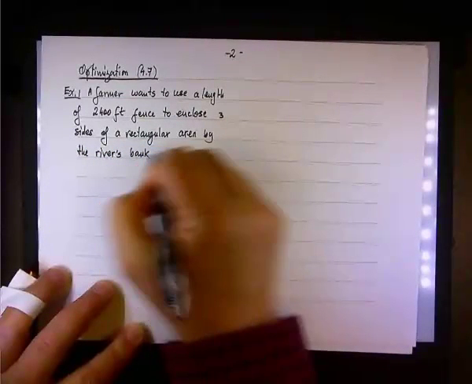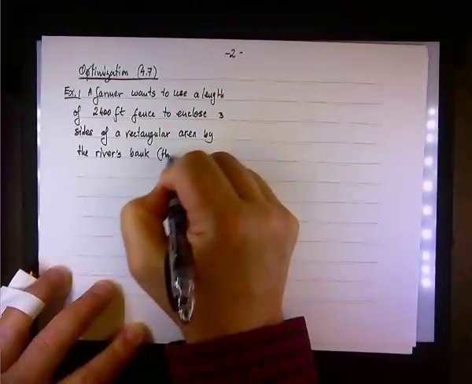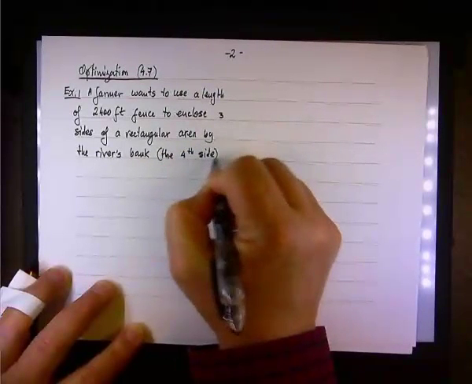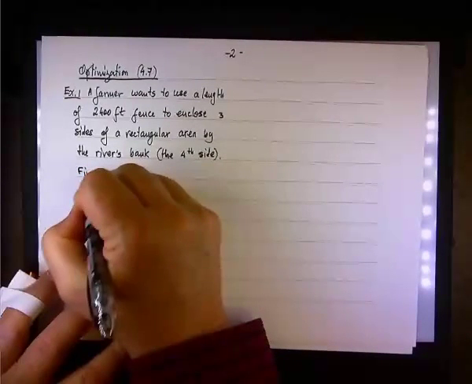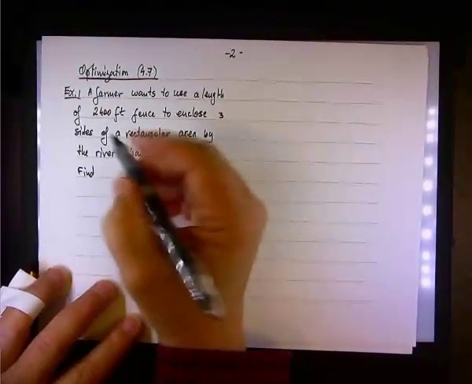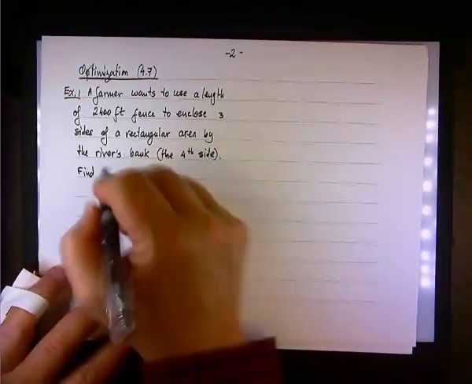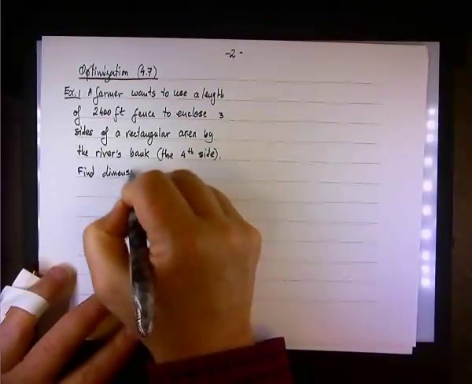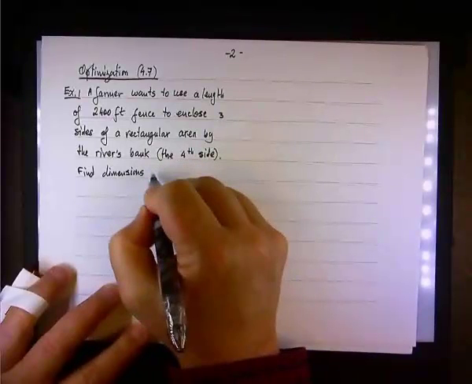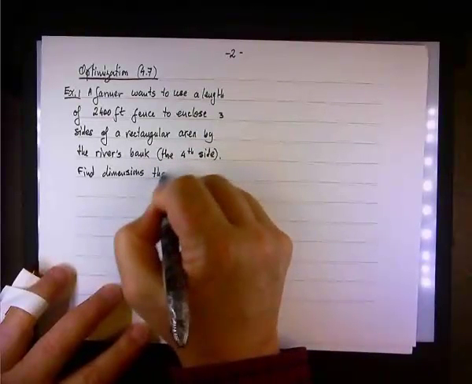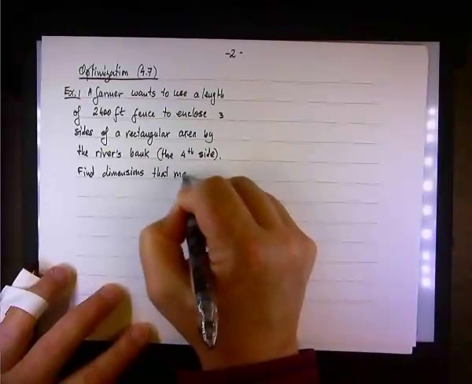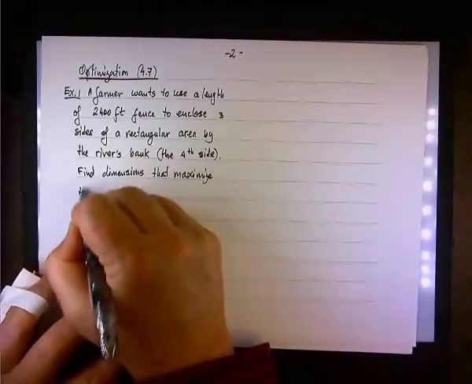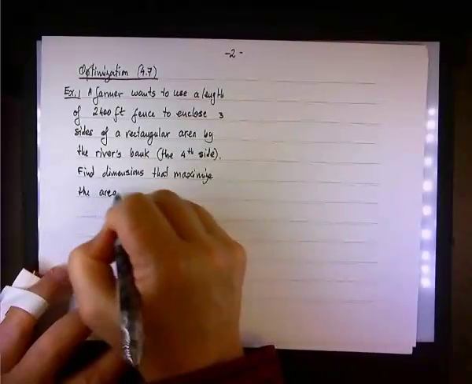And the riverbank is the fourth side. Okay. So find a dimension that maximizes the area.